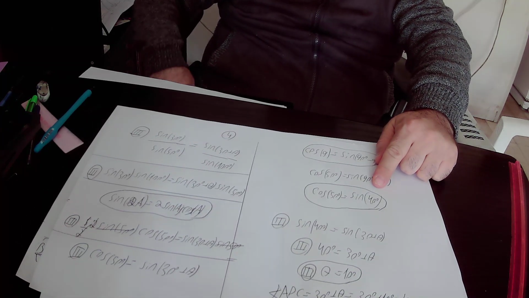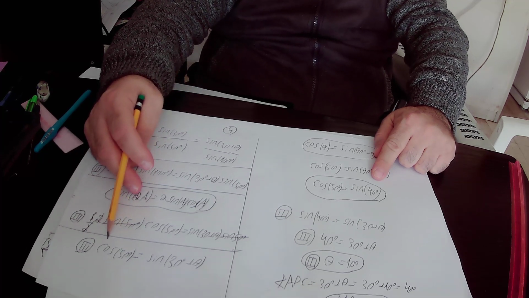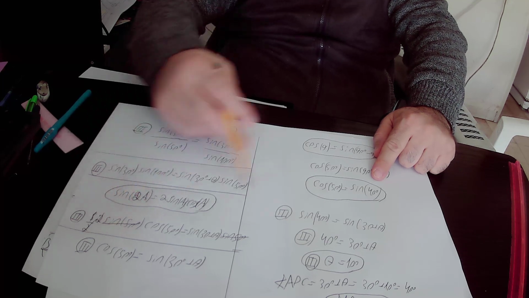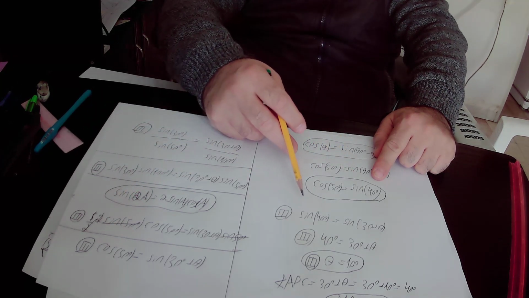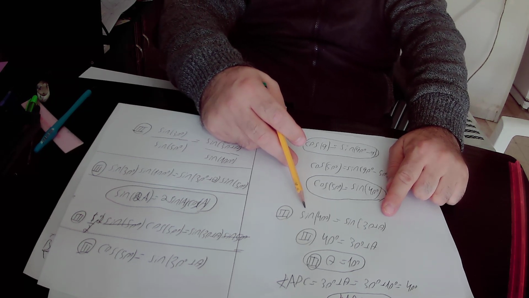Therefore, we can substitute cosine 50 degrees in equation number 3 by sine 40 degrees, and we got that sine 40 degrees equals sine (30 degrees plus theta).